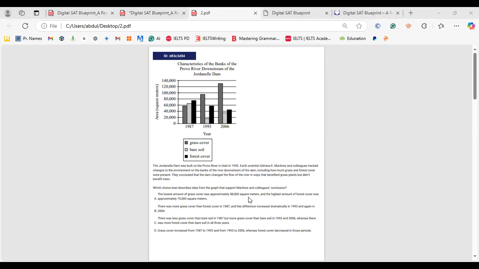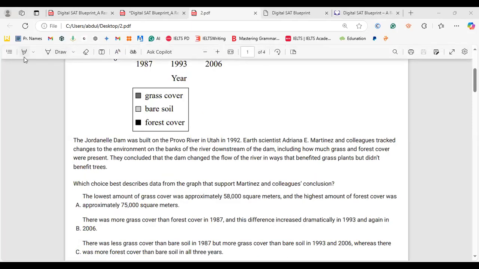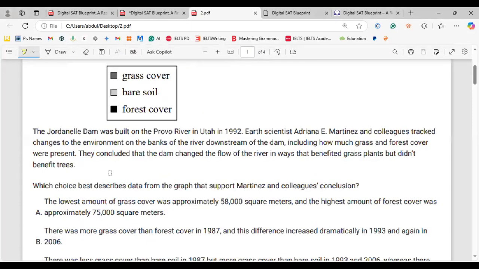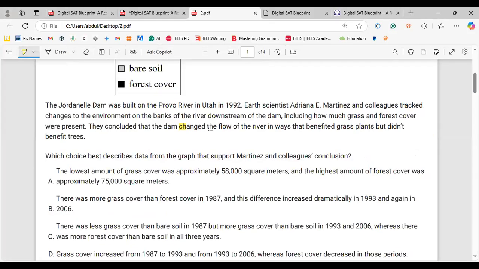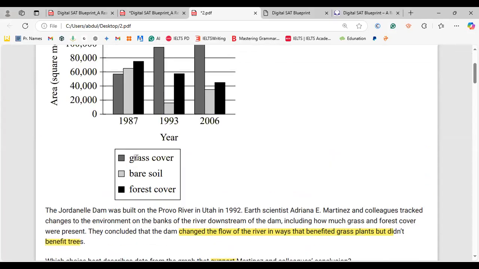Thank you, guys. If we look here, the conclusion is that the dam changed the flow of the river in ways that benefited grass plants but didn't benefit trees. This is what we need to focus on, and we need to support this. Now, grass cover, bare soil, forest cover. Forest cover means trees.